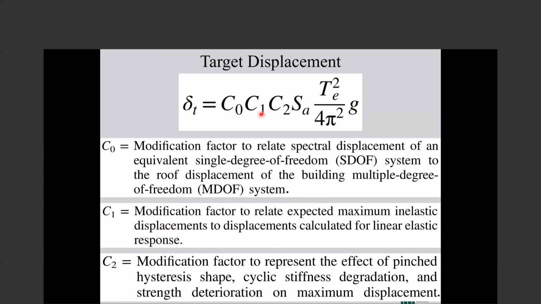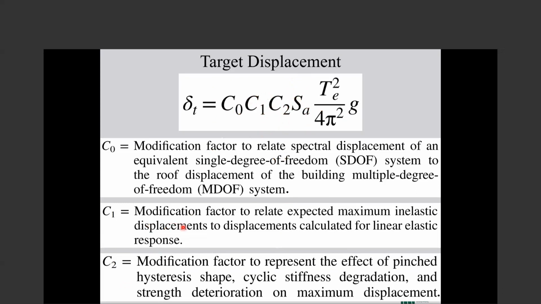Okay, C1. Remember, this spectrum comes from linear behavior. So for nonlinear behavior, how much the displacement changes if the building behaves linear or nonlinear is C1. If the details are not good, C2.